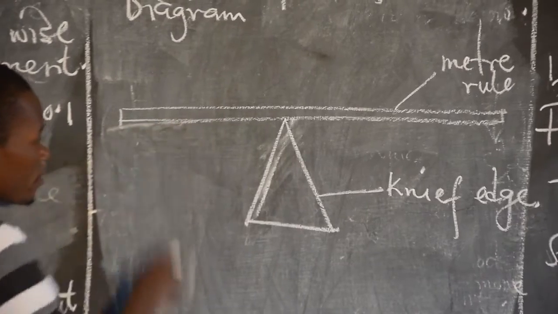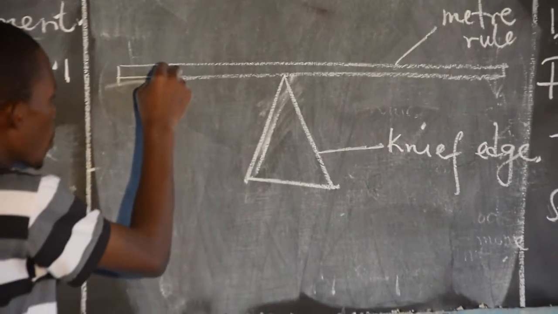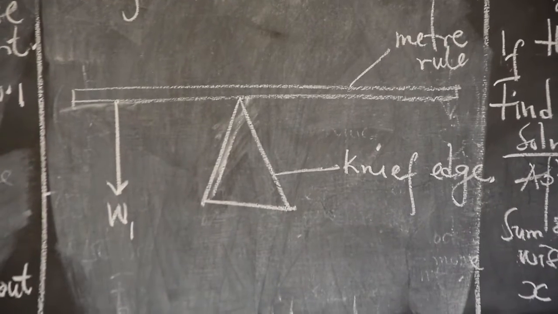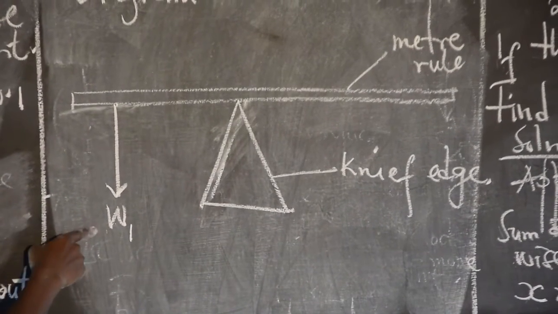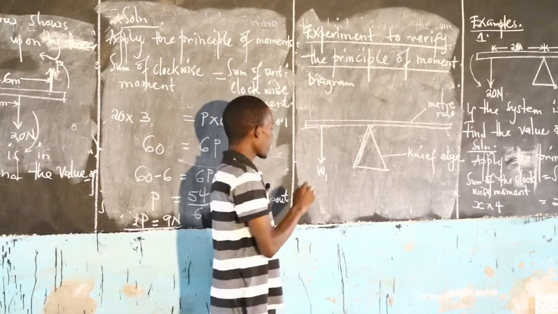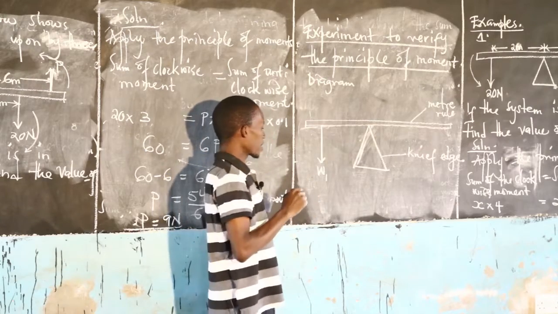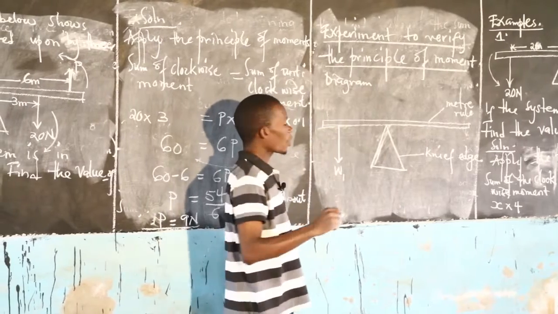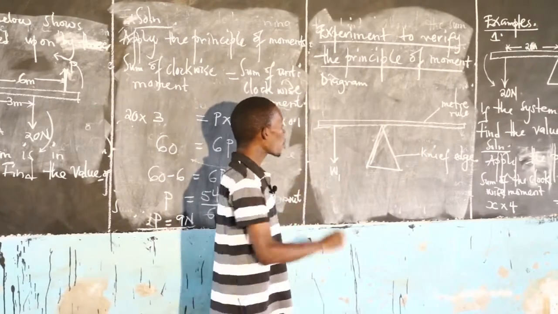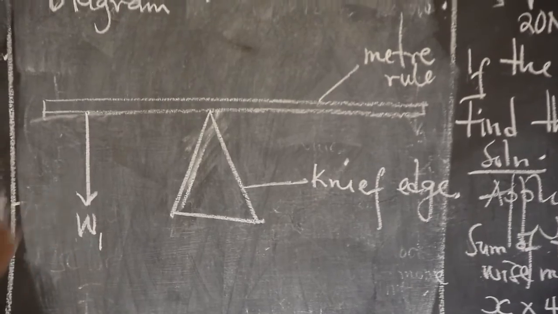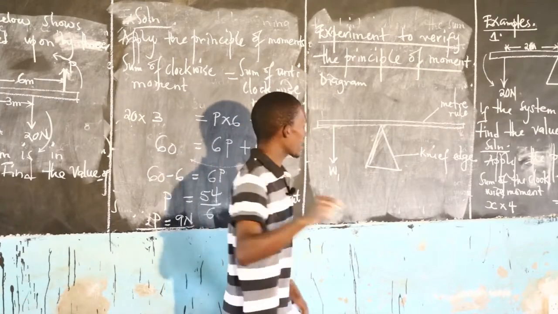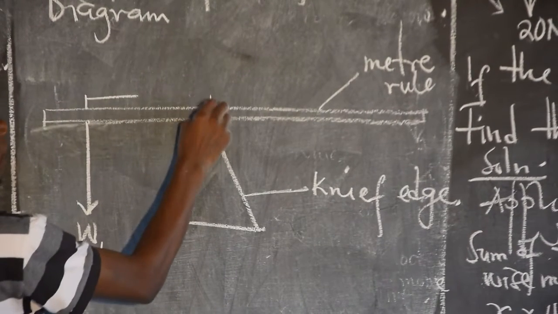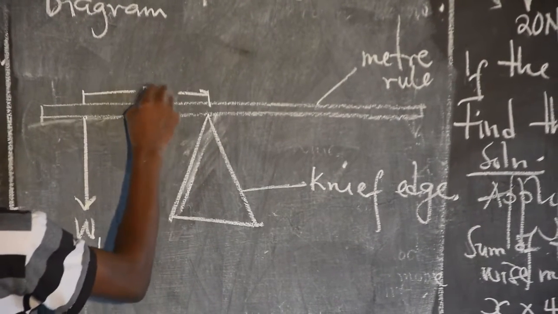We say that a known weight is suspended or hung on one side of a meter rule. This is our meter rule, at a known distance, x, from the pivot.